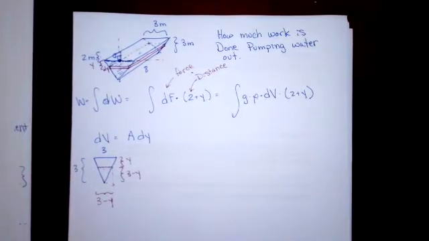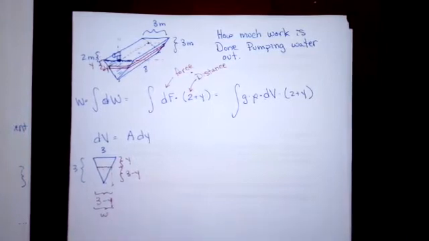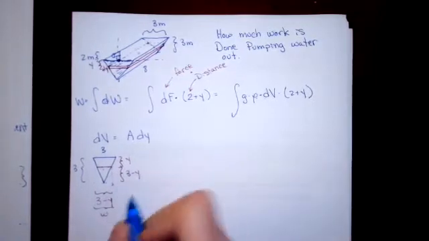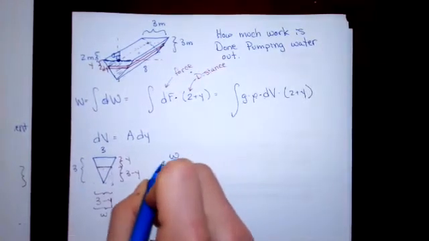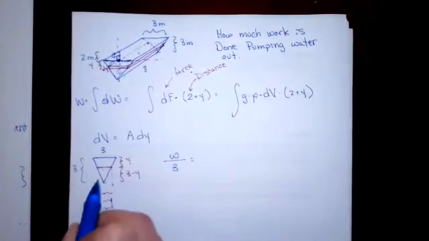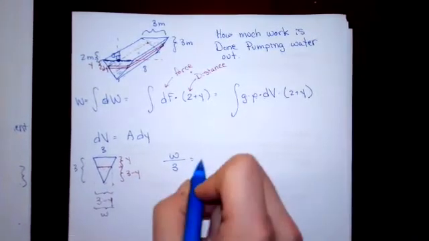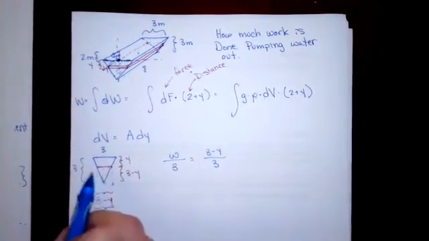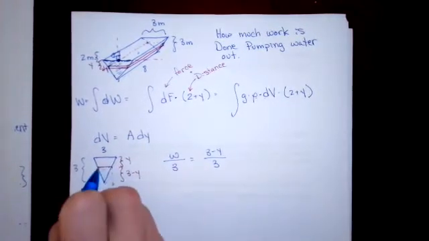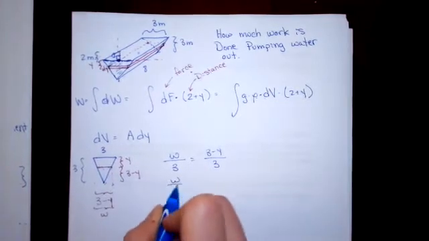And if you're not sure about that, you can always do it in a few steps. You can always introduce more variables. So for example, if you wanted to first say, I don't know what this side is, I need to find it, let's call it W. Then by similar triangles, you could say our small width to the top width has to be the same ratio as the smaller height of my triangle to the full height of the triangle, or you could set up an analogous ratio of the width to the big width.